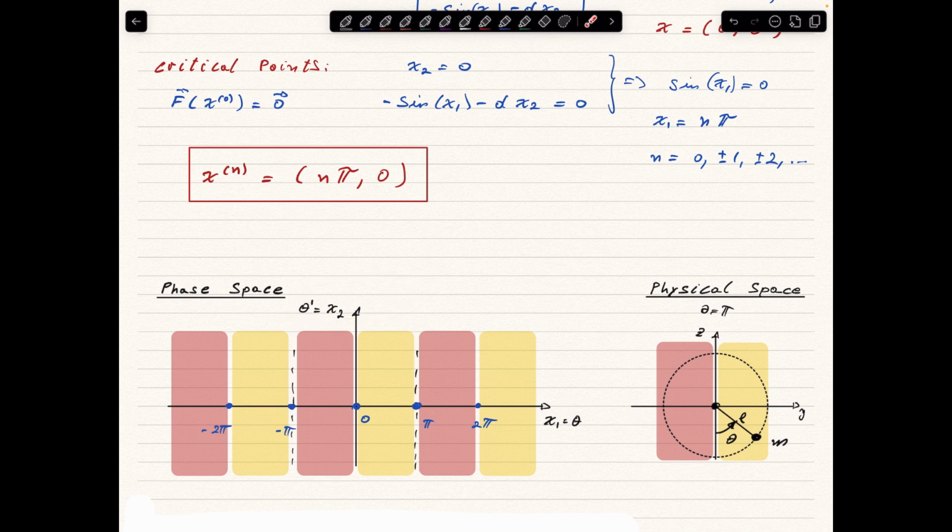So if the pendulum is moving up and the angle is actually smaller than 2 pi, then we are here, and actually with positive velocity, we are right there. If it's moving in that direction, we are here. If it's moving in the negative direction, but it did 2 turns, then we are here.